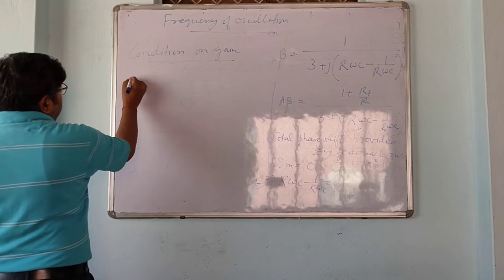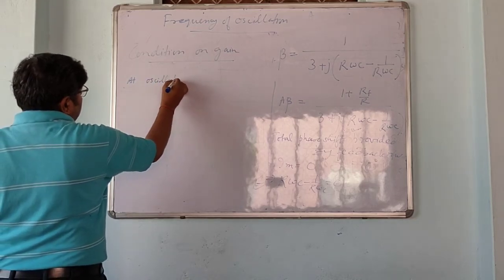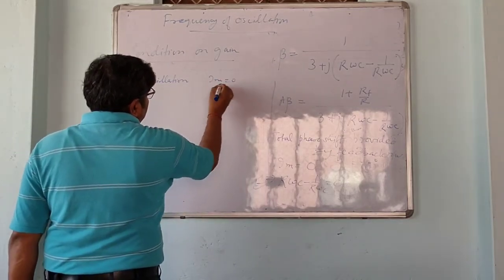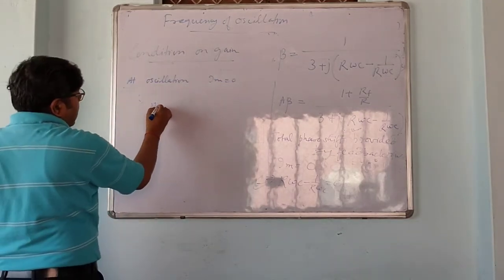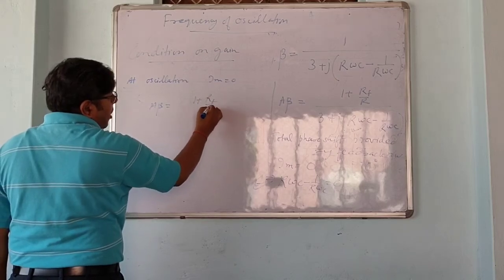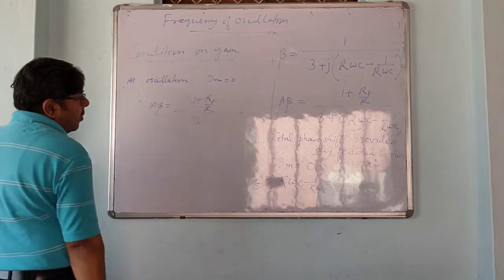So at oscillation, imaginary part equals 0. Therefore, A beta is 1 plus Rf upon R divided by 3.